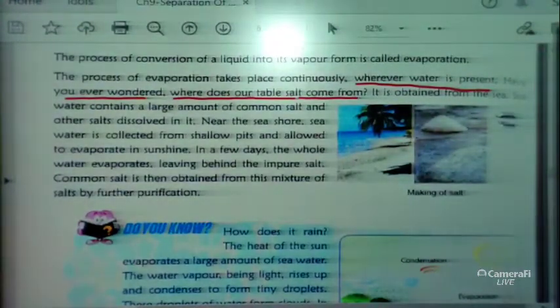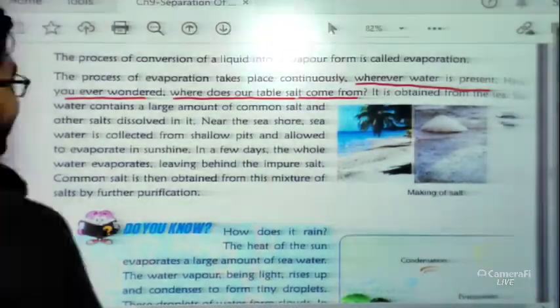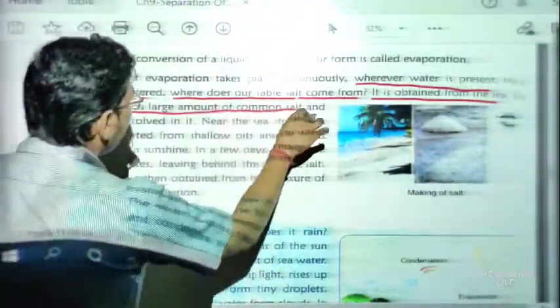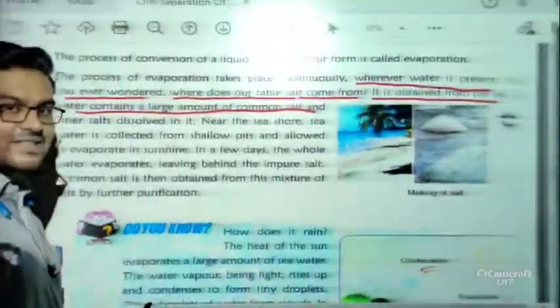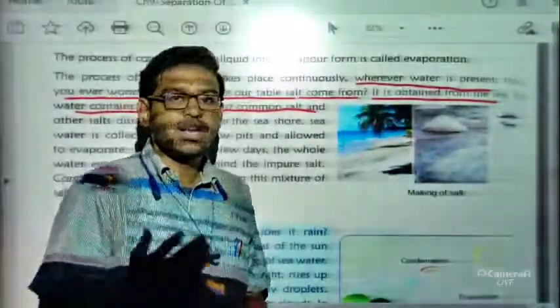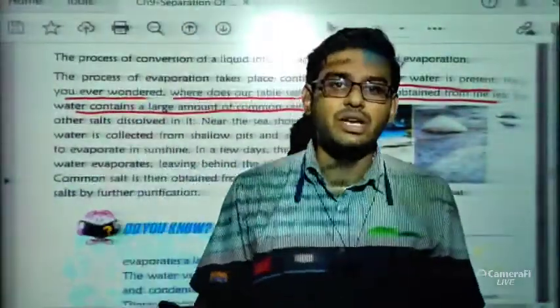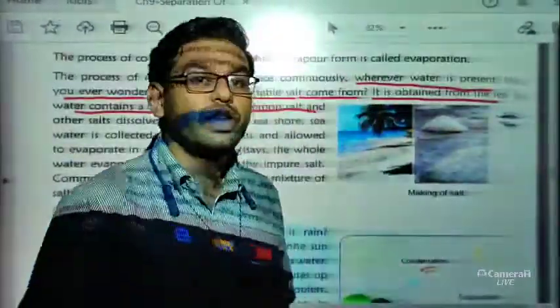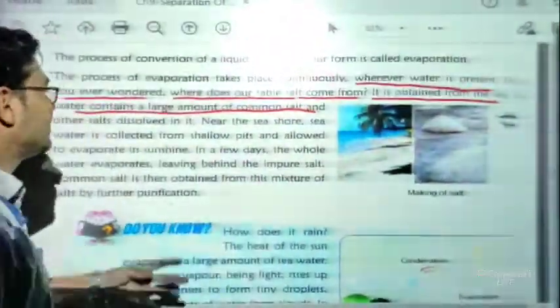Have you ever imagined? It is obtained from the sea. Now all of you know, students, that sea water contains a large amount of common salt. We can't drink the sea water, isn't it? It is not possible because plenty of salt particles are there. We can't eat, we can't drink the sea water.